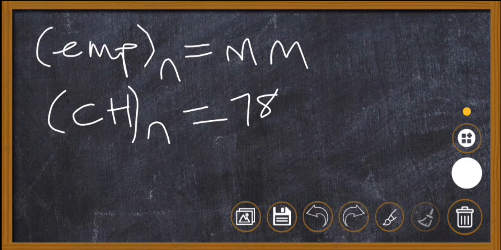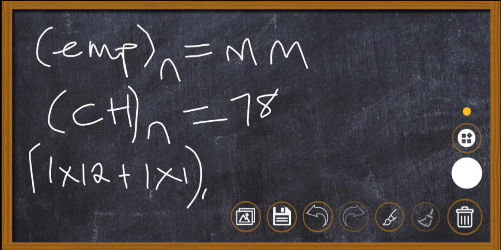So in here we are going to calculate the relative molecular mass, since this is a compound. For carbon, there is only 1 carbon here, so it's 1 multiplied by its relative atomic mass number of 12, plus for hydrogen we have 1, and then we multiply with its relative atomic mass, of course it's just 1, and then here we have n equals 78.